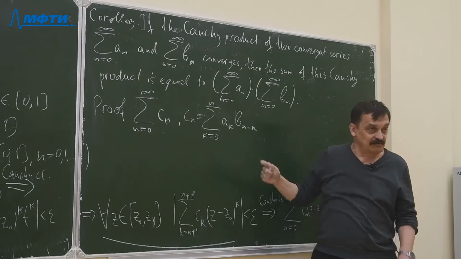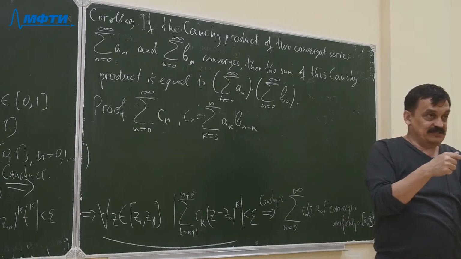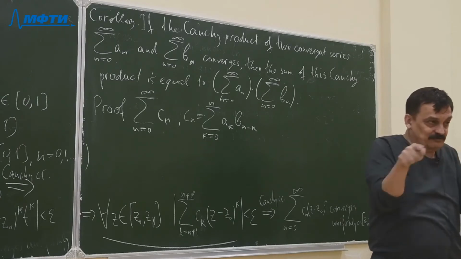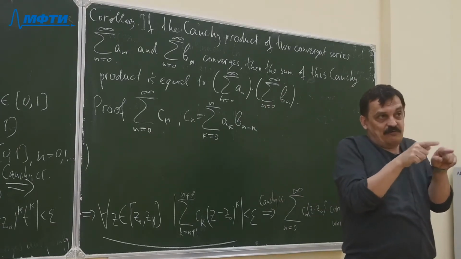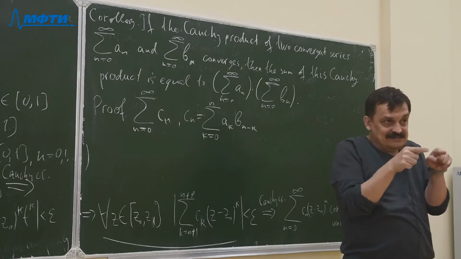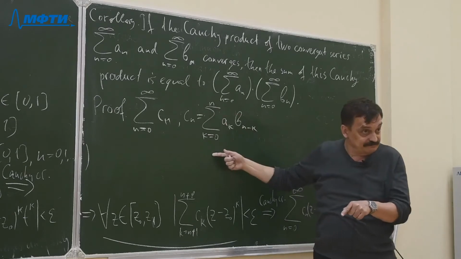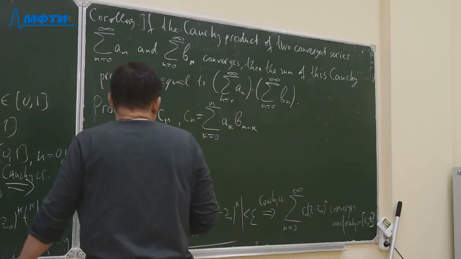You see, the sum of indices is the same. And we consider all possible term by term products of those two sums, when the sum of indices is the same. And we collect all of them. That is what the Cauchy product is, right?